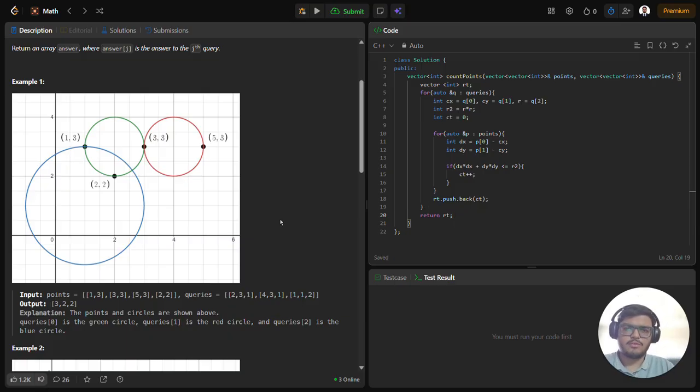After checking all the points for this query, push it into the result, repeat for every query, and at the last, return rt.